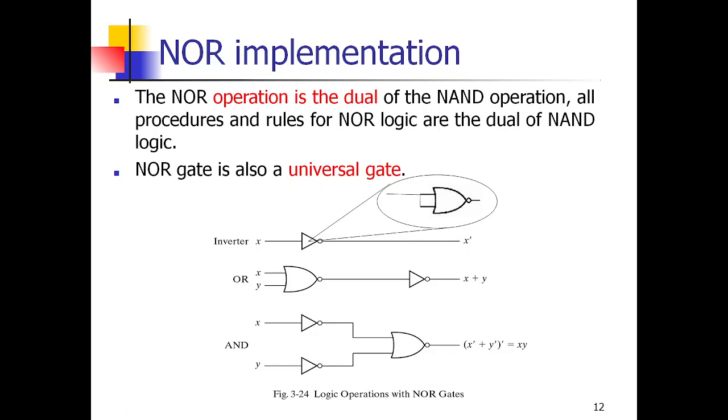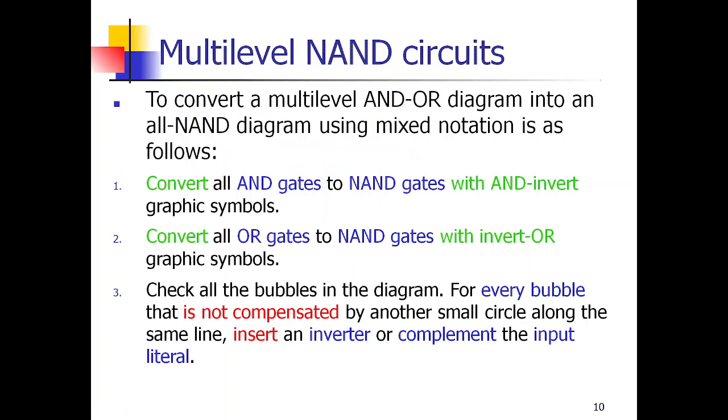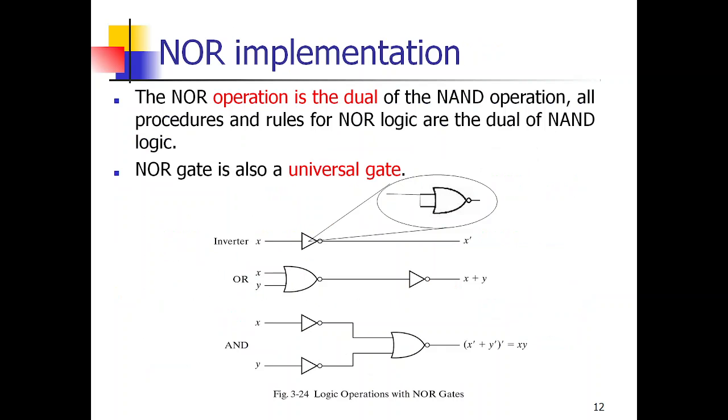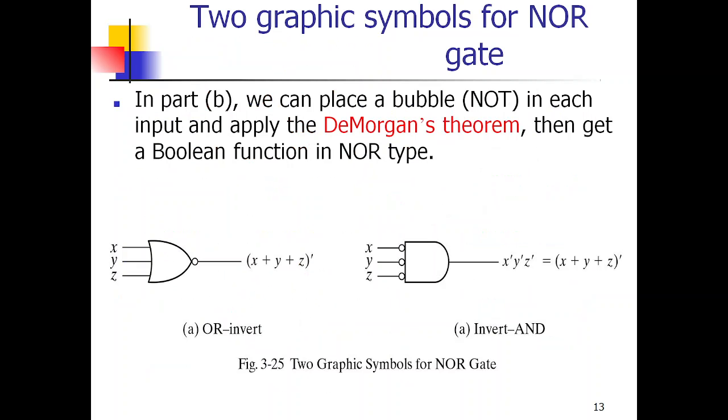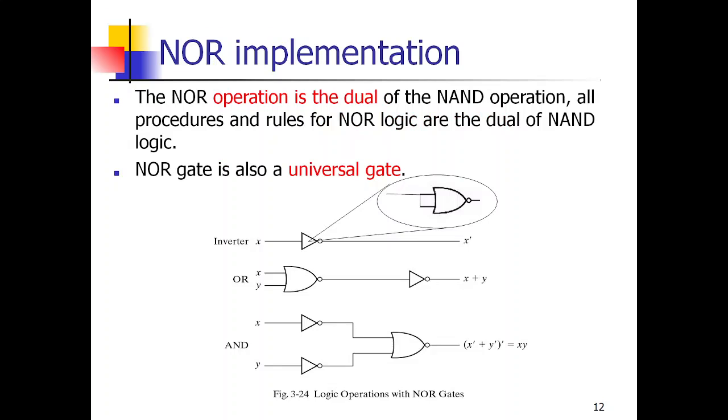So next is NOR implementation. So the steps we have followed for NAND implementation have to be followed for NOR implementation also. For NOR operation, it is the dual of NAND operation. So we have to follow the opposite steps.